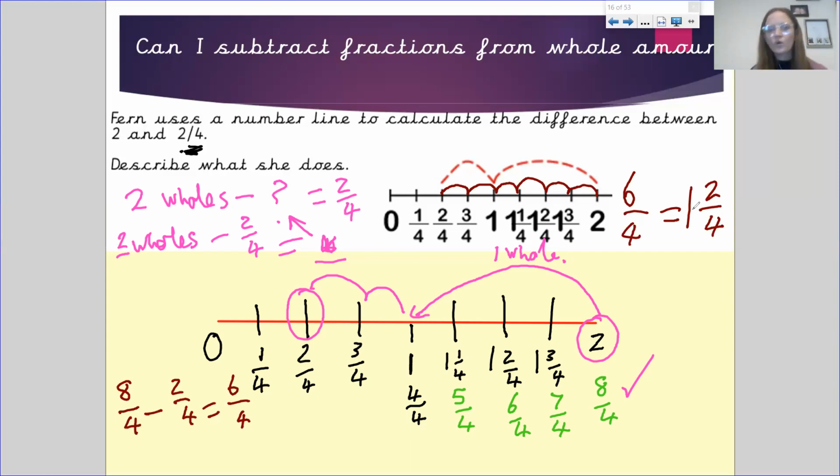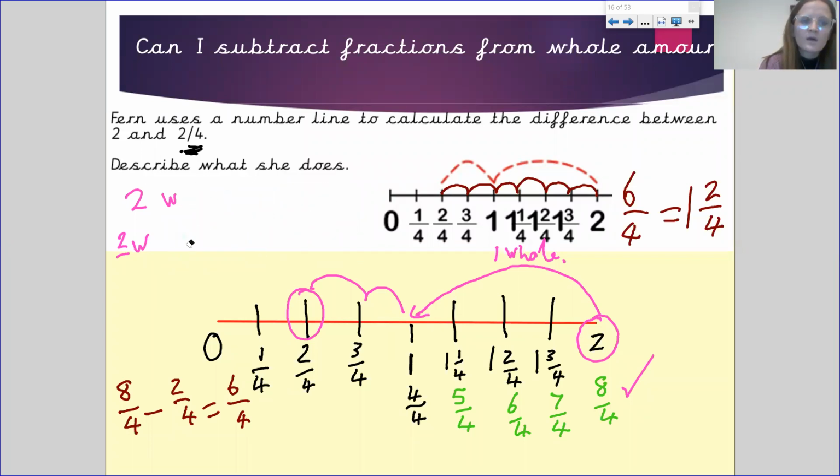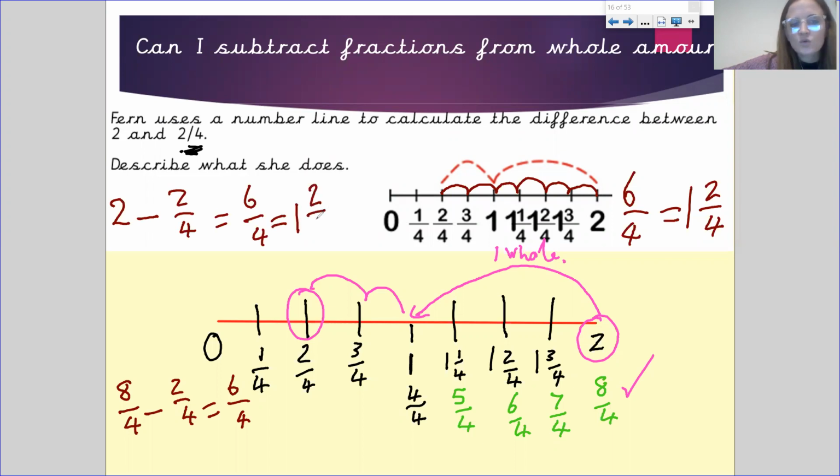So with all that working out that we've just done, you can see that, and I'm going to just erase this so we have a bit of space, that if our question is what is the difference between 2 and 2/4, we can say 2 minus 2/4 gives me 6/4, which is the same as 1 and 2/4.